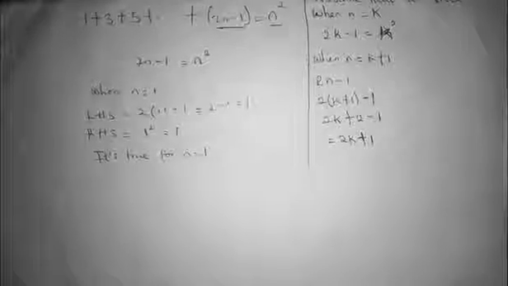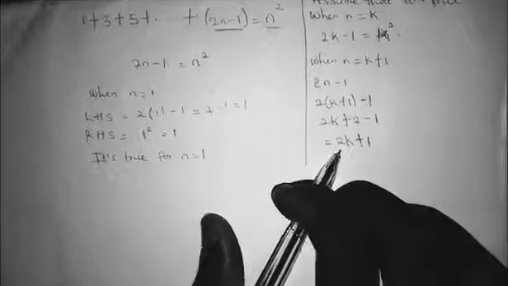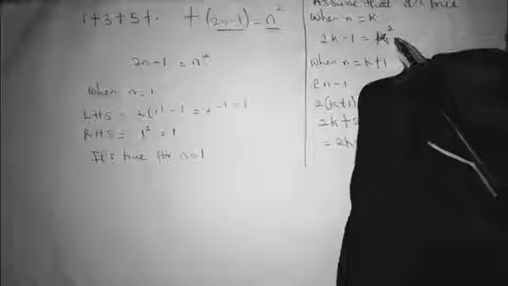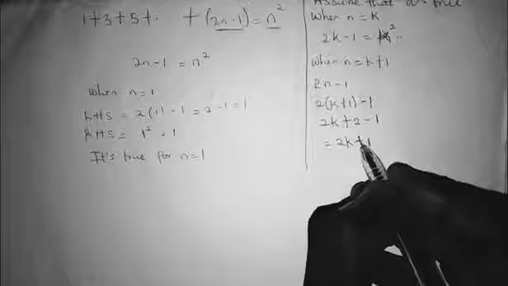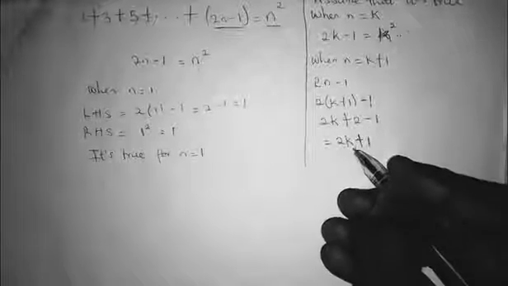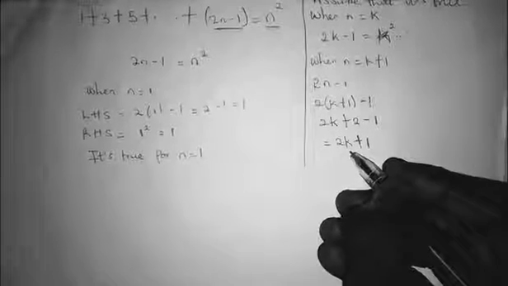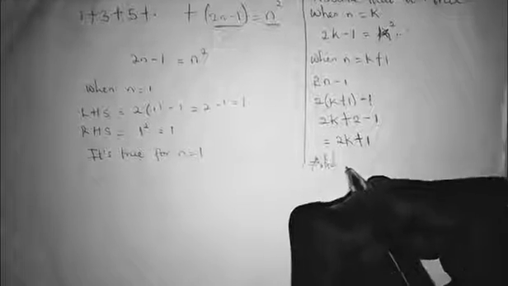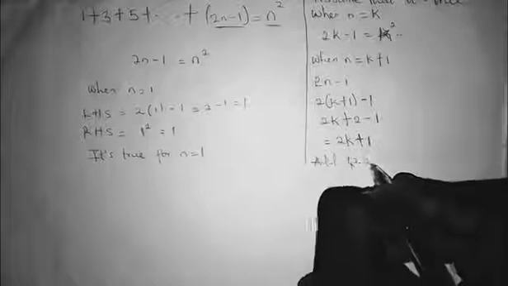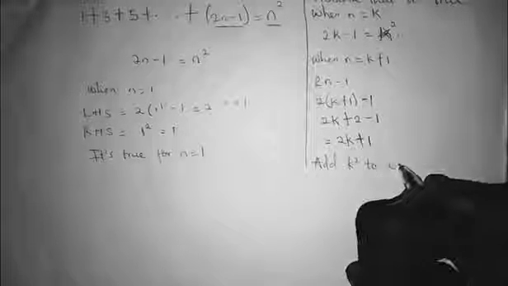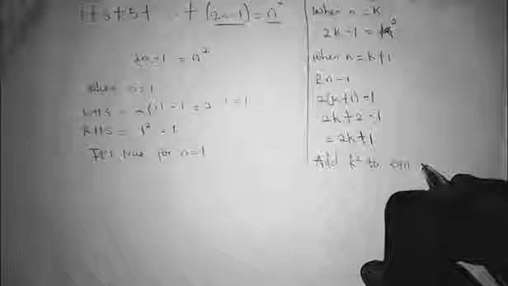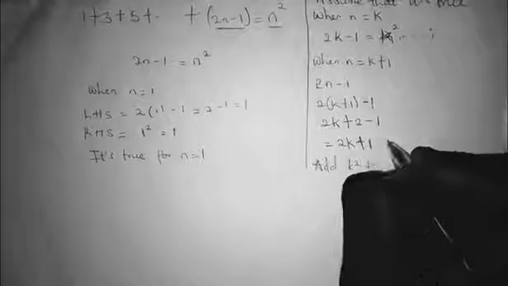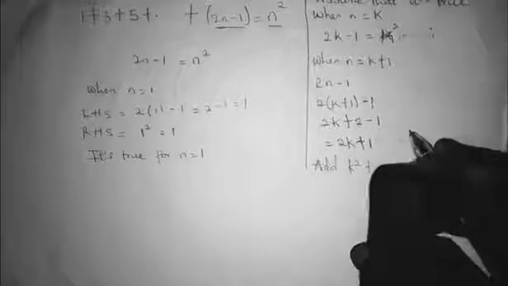Now, when I get to this step, the next thing to do is to add k squared to this side. So let's call this one equation 1 and this one equation 2.